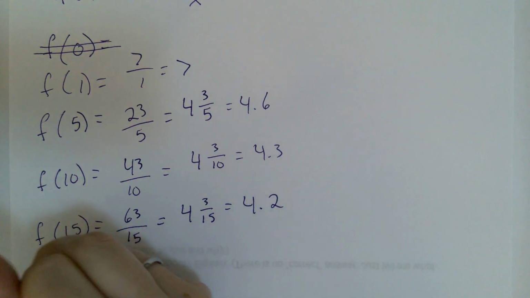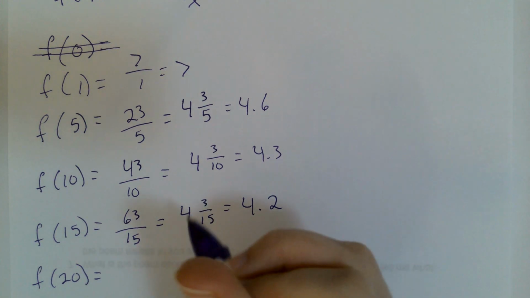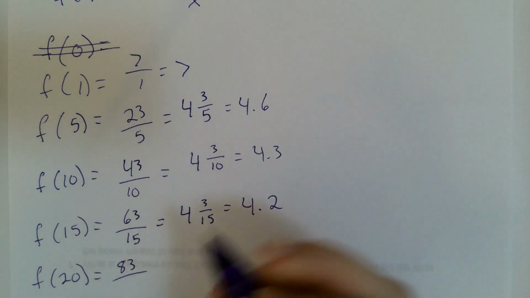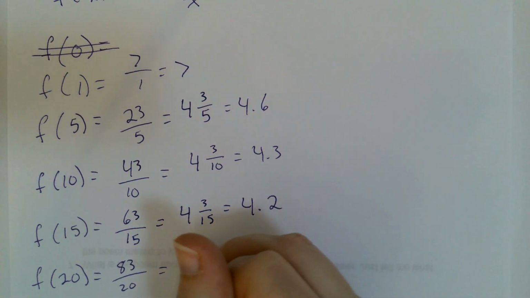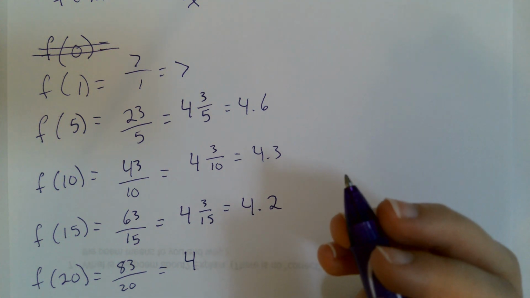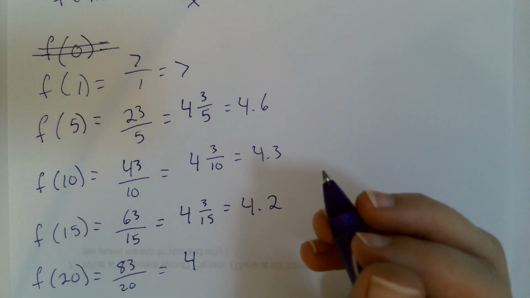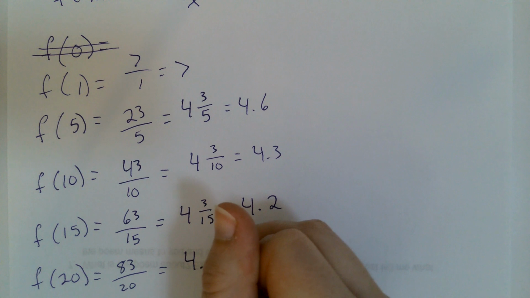And just for good measure, let's do f of 20. So that's 83 over 20, so that's going to be 4 3/20. I'm going to have to use my calculator to get that as well. 4.15.